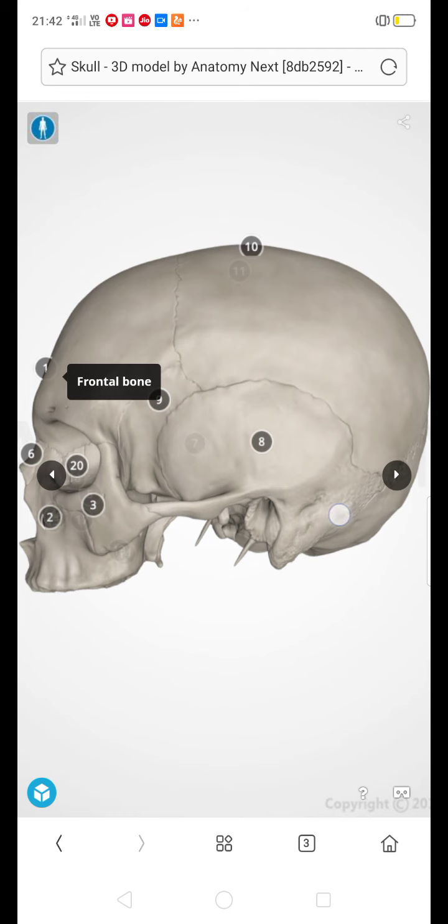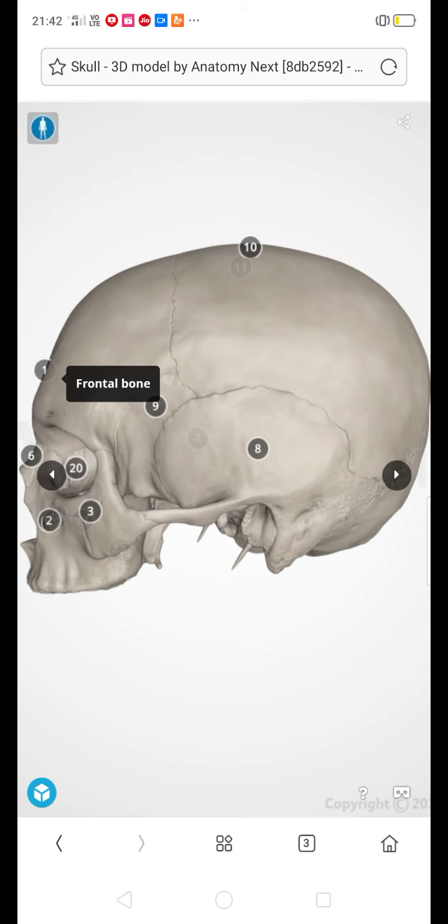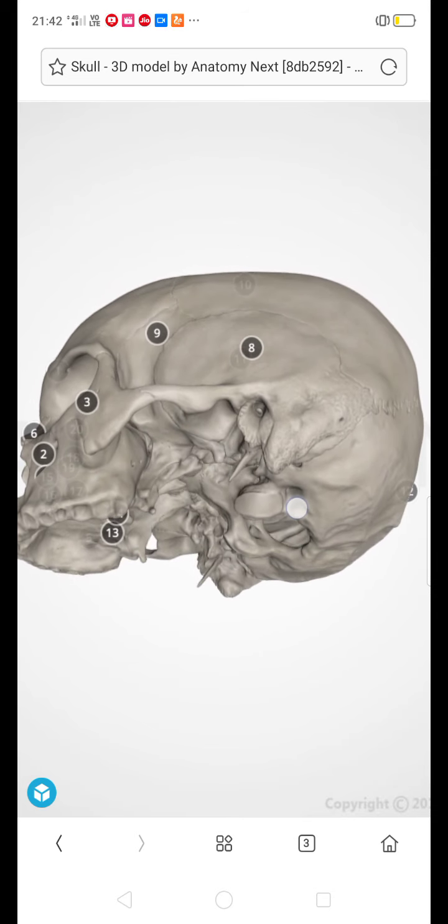Number 8 is the temporal bone, which has 4 parts, as you know: the squamous, the mastoid, the tympanic, and the petrous portion.